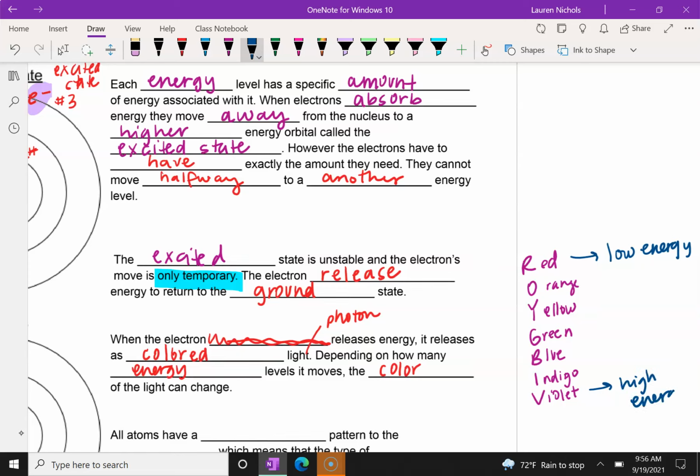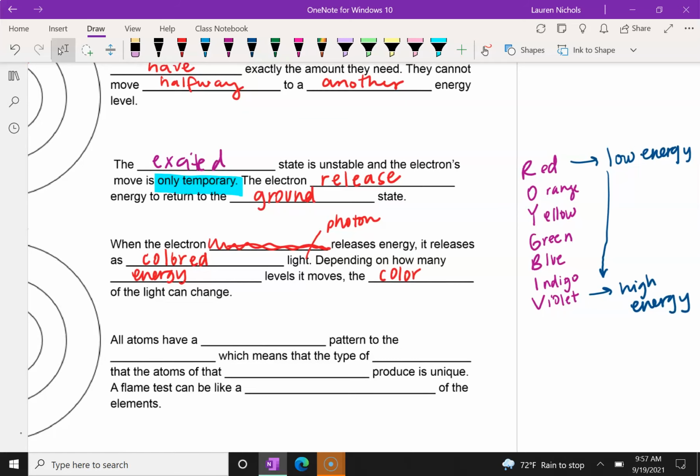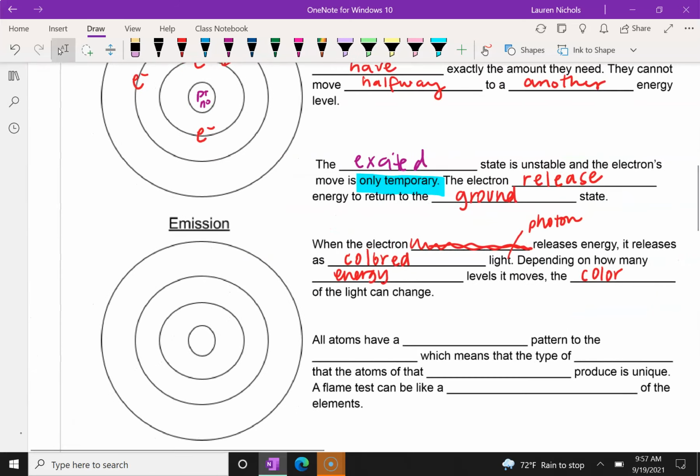So you can tell what color light is being produced, and that can tell you how much energy it is. So it goes from low to high down the colors of the rainbow. And so when it releases, okay, emission just means to release, okay?